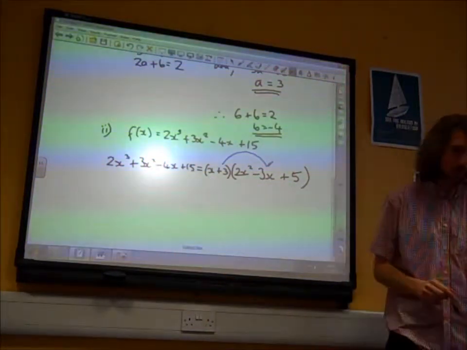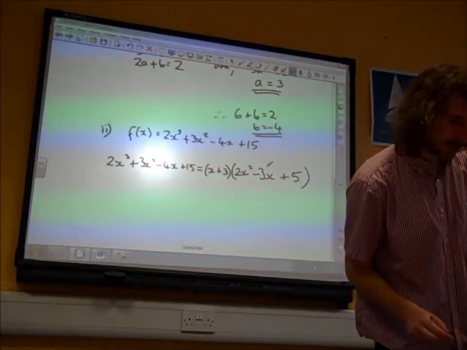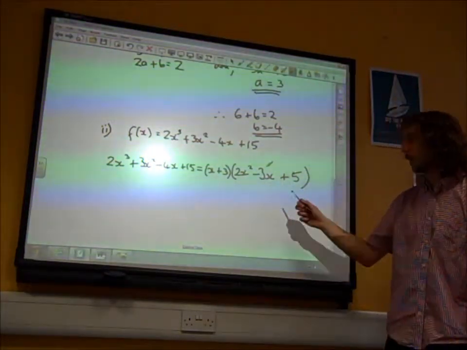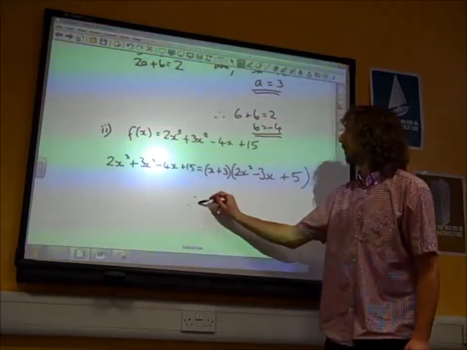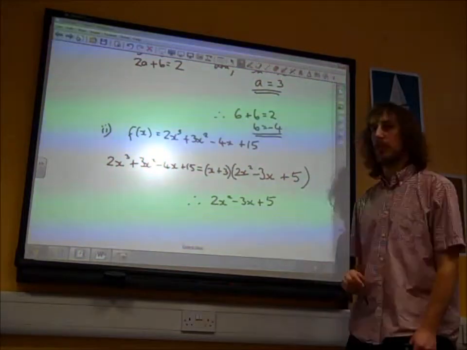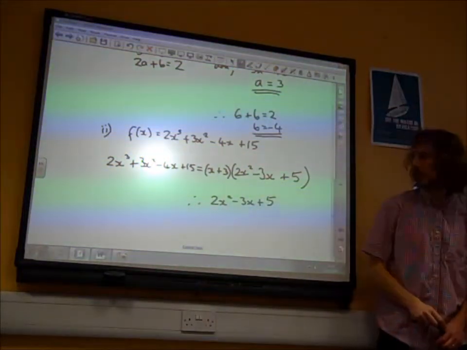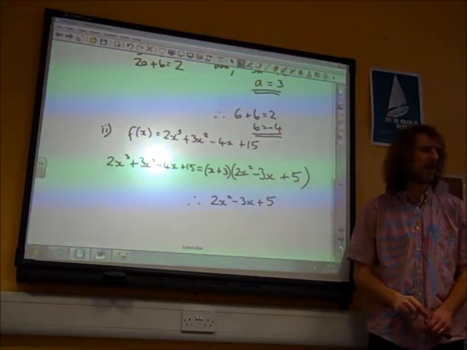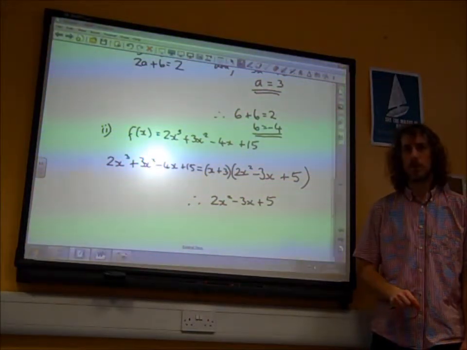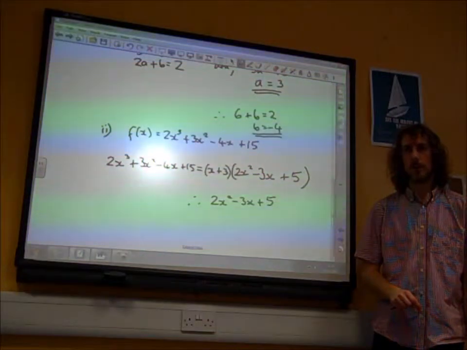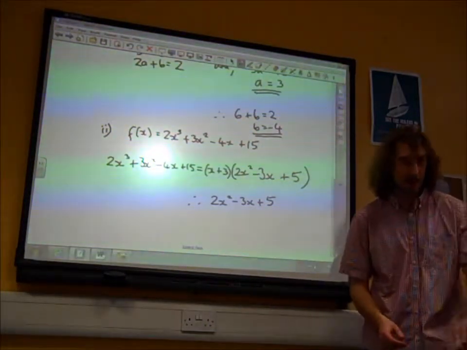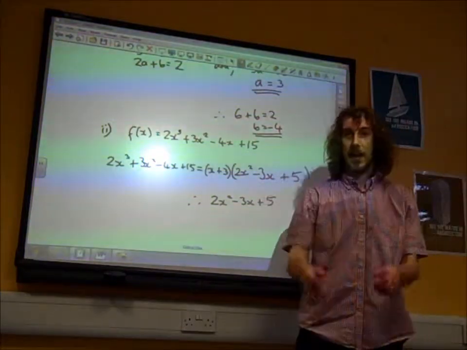And the question didn't want any more than that. It just said divide f of x by x plus 3, and so that would be our answer. Therefore 2x squared minus 3x plus 5. There's no need to do any further factorising, although I think it does factorise, does it? Or maybe it doesn't. Doesn't matter. Oh, great! And that's maths.